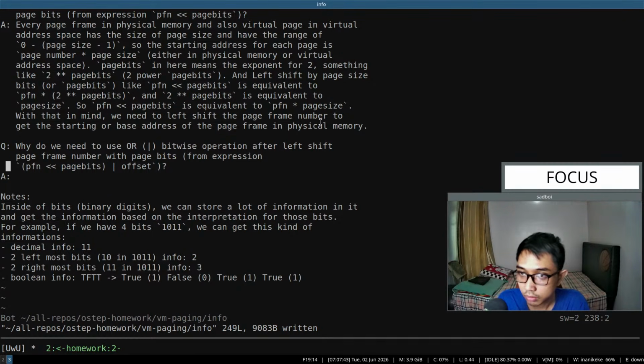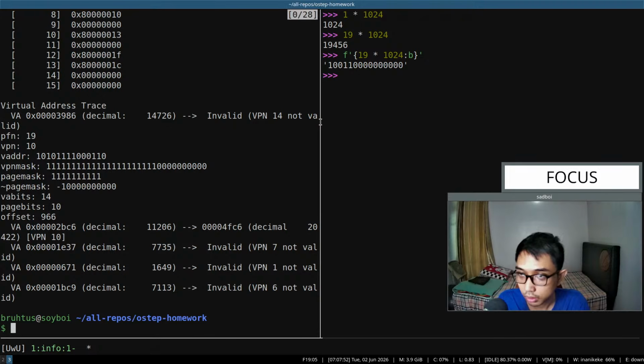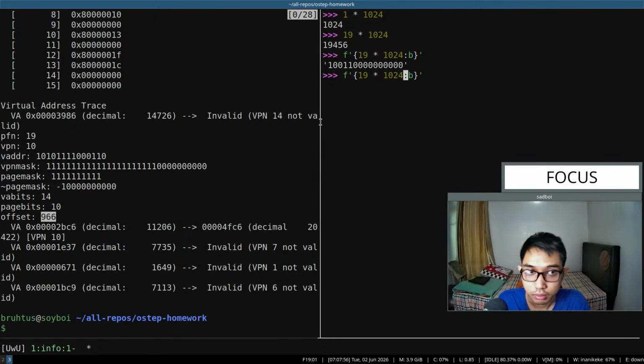And then using the OR bitwise operation, offset is this one, okay. Just to be sure that is the same. Okay.